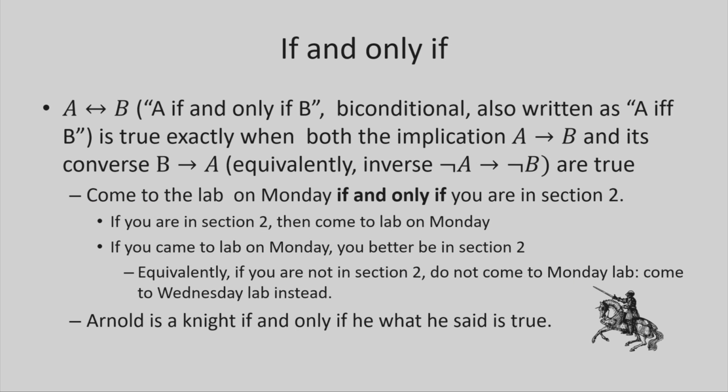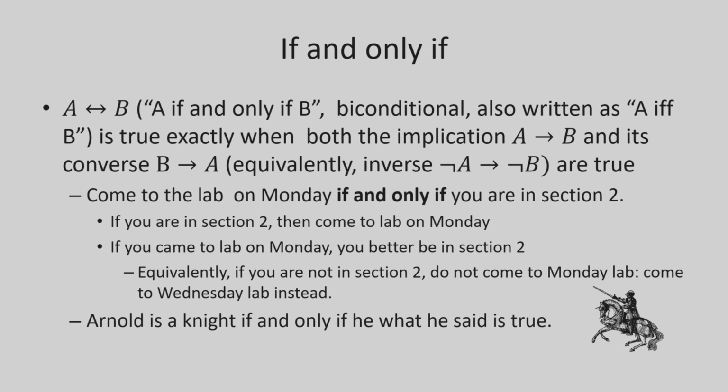So finally, let me talk about the combination of the two. So far, I was just saying that they're different, but there is one more connective, the one that you've seen before in the knights and knaves puzzles, that combines the two. And this is the if and only if connective. A is true if and only if B is true.